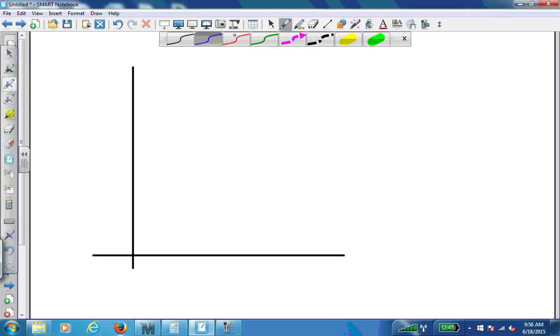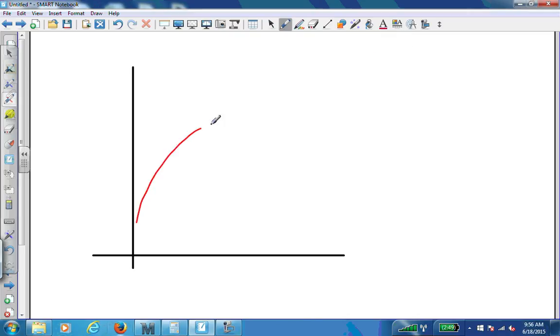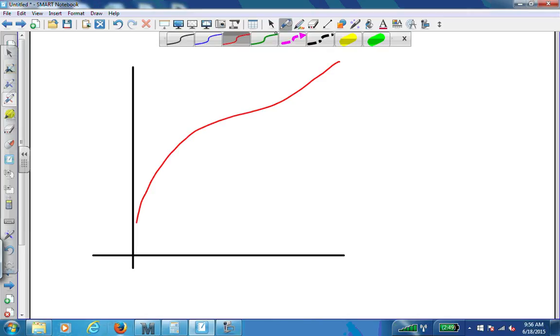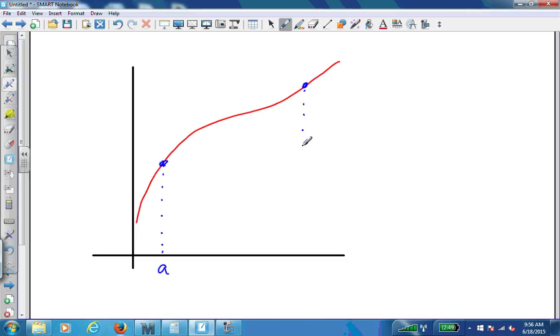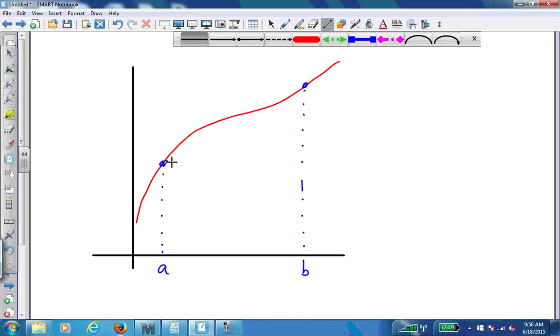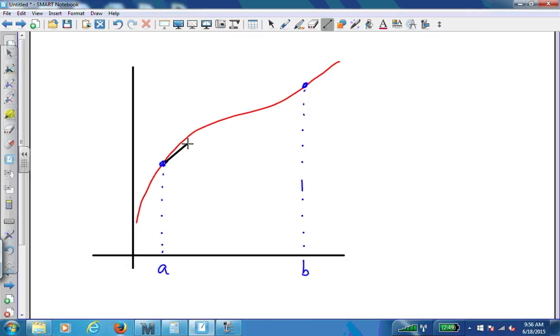So let's suppose we have the curve, and we want to find the length or the distance from here to here. Then if we were to break this up into little segments, we can find the straight line distance from here to here if we know what the change in the x is, and we know the function.